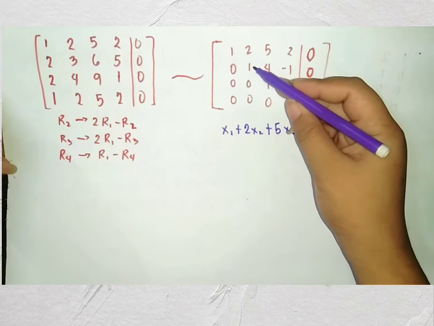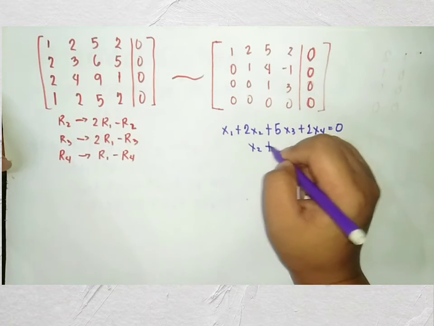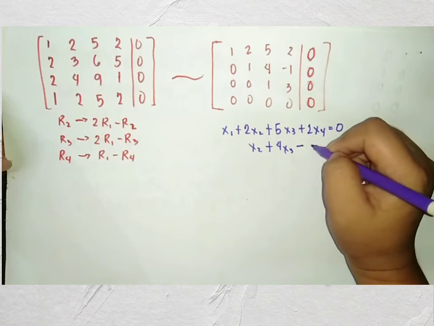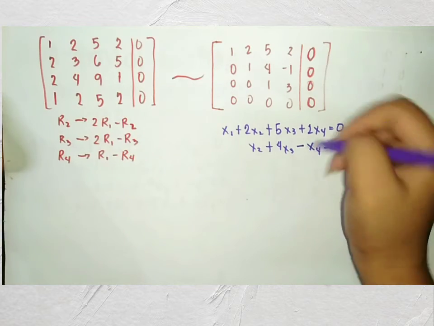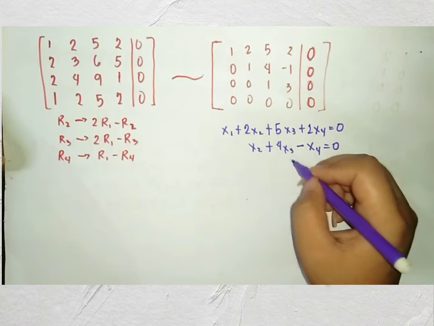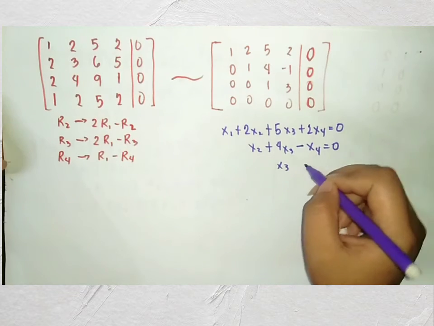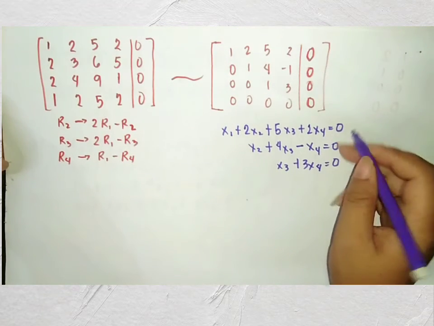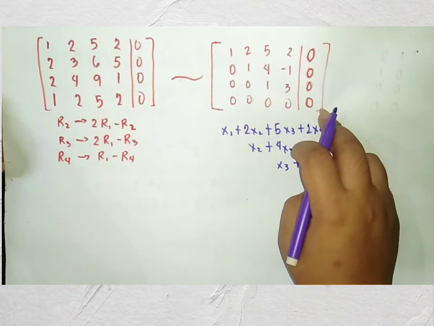So, dahil 0 siya, x to. So, yun. Nag-start na sa x sub 2 which is 1. x sub 2 plus 4x sub 3 minus x sub 4 is equals to 0. And then, for x sub 3 plus 3x sub 4 is equals to 0. So, yung last row, ang tawag dyan is free variable.